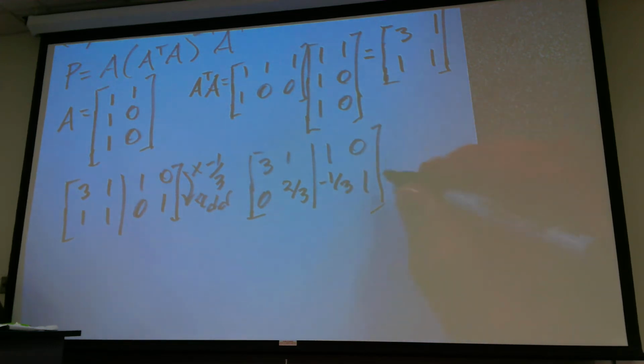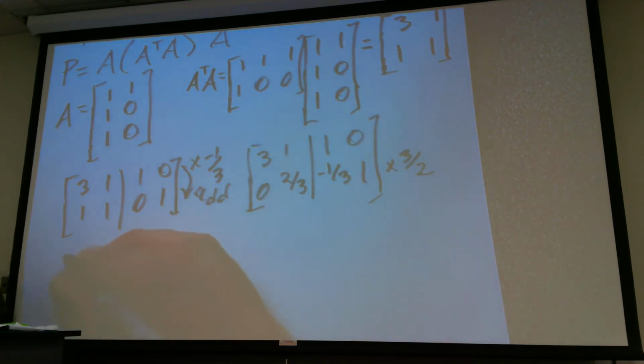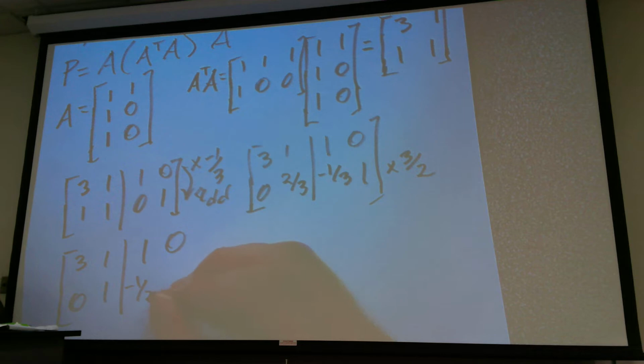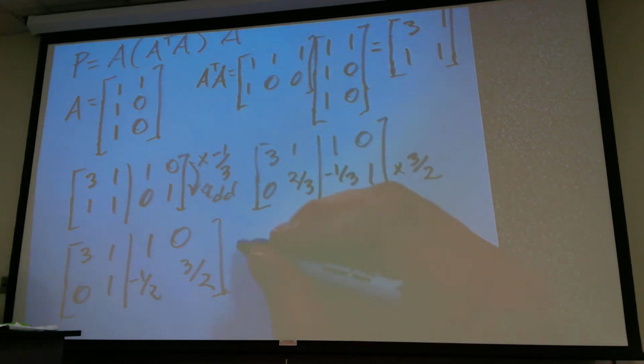Okay? And then I'm going to multiply by 3 over 2. Okay. So it's 3, 1, 0, 1, augment. 1, 0, that would be negative 1 over 2, and that would be 3 divided by 2. Okay, and now I'm going to take this row and multiply by negative 1, and I'm going to add up 1s.